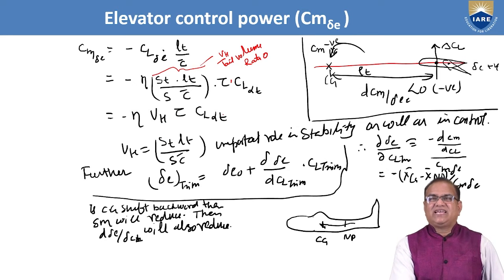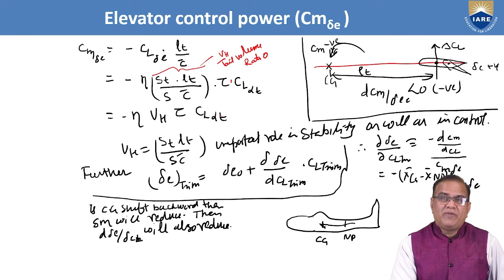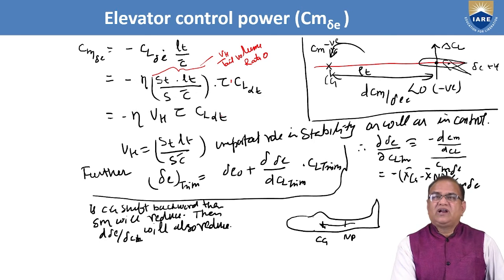We can see here that the moment is directly related to the horizontal tail volume ratio. There, in the Cl delta E, only area is related, but here not only area but also the distance from the center of gravity to the aerodynamic center, Lt, is very important.